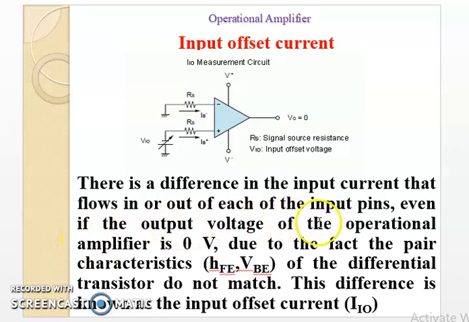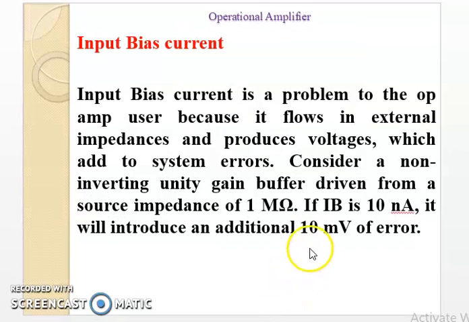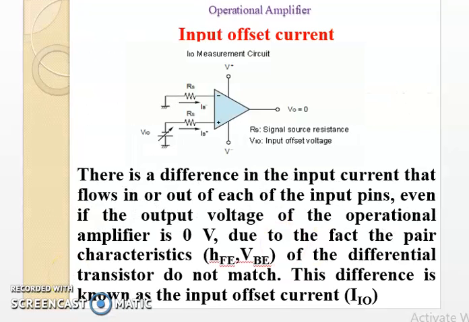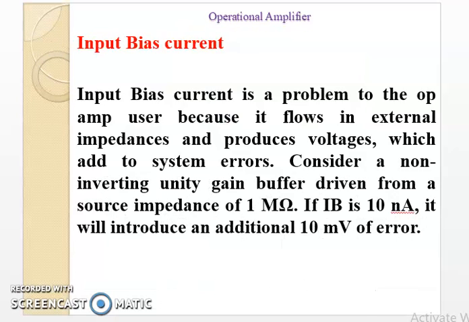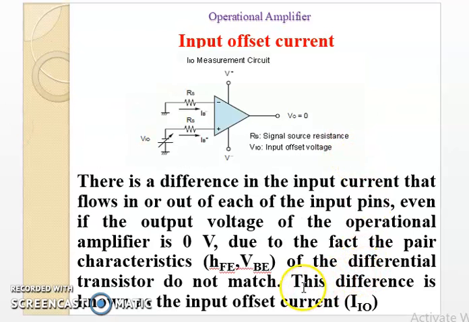Even if the output voltage of the operational amplifier is 0 volt, due to the fact that the pair characteristics, HFE and VBE of the differential transistor, do not match, this difference is known as the input offset current, denoted by IO. So, input offset current.